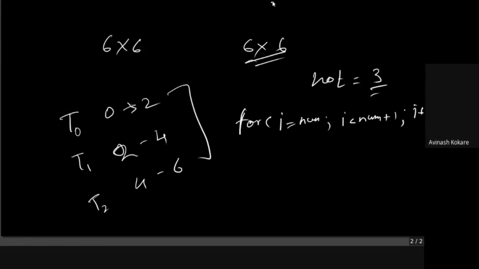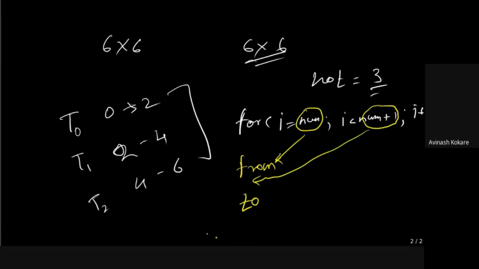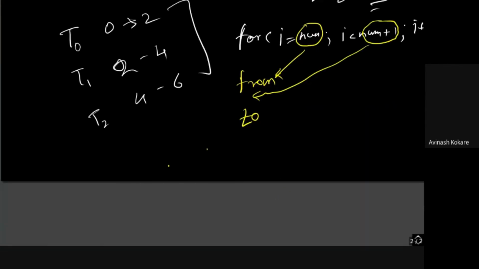Now we have to change this num and num plus 1 to generalize the formula. So what can we write here? Let us write two variables. Instead of num, we will write from, and instead of num plus 1, we will write a variable to. Now how to calculate this from and to?